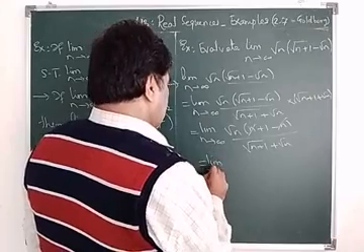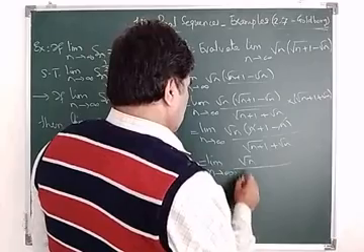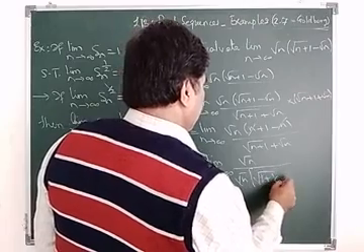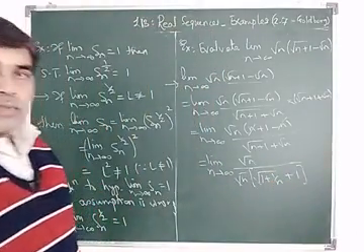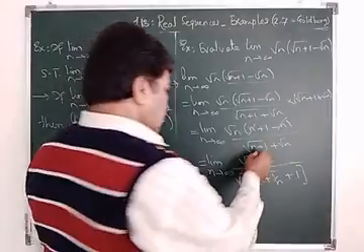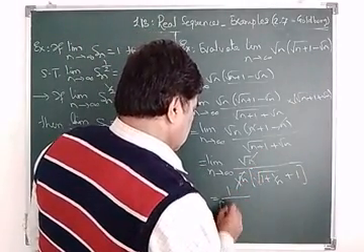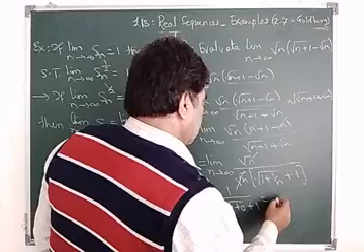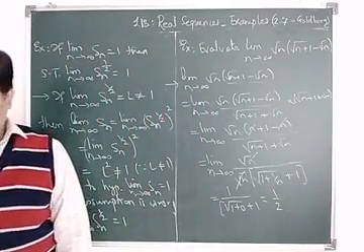Now we'll take root n outside from denominator, root n into square root of 1 plus 1 by n plus 1. This root n gets cancelled and then we'll get 1 upon root of 1 plus 0 plus 1, which is equal to half.